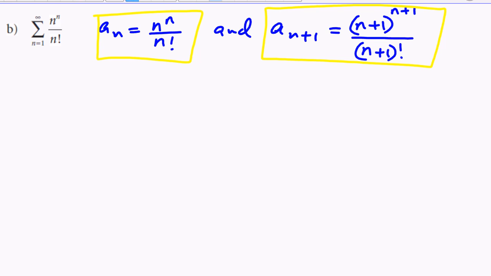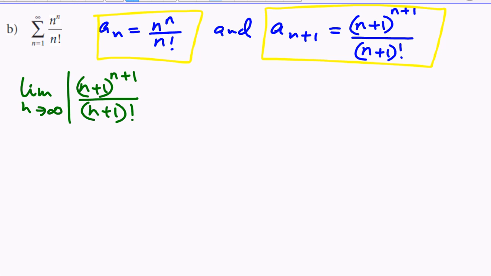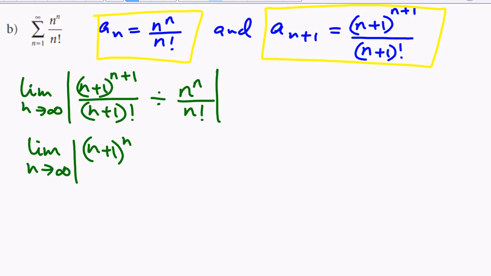So the limit as n approaches infinity of n plus 1 to power n plus 1 over n plus 1 factorial divided by n to power n over n factorial. Well, this will simplify to the limit as n approaches infinity of n plus 1 to power n plus 1 over n plus 1 factorial multiplied by n factorial over n to power n.